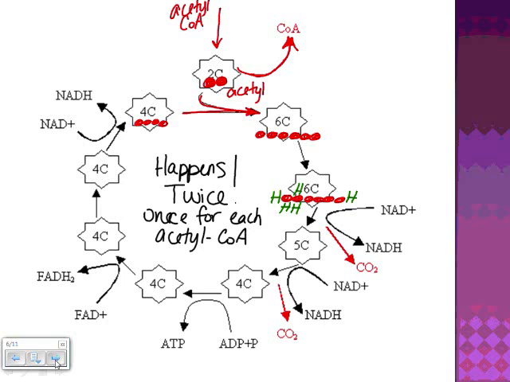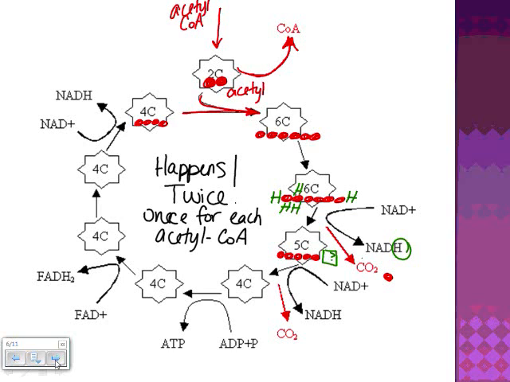First thing that's coming in is that NAD is coming in and stealing away 1 hydrogen. CO2 is also going to be taking one of those carbons, which means we're going to have 1, 2, 3, 4, 5 carbons. We're going to have lost that hydrogen that was there.